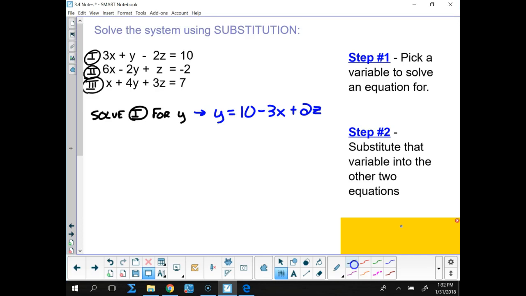So if I plug it into equation number 2, that's going to look like 6x minus 2 times 10 minus 3x plus 2z, plus z equals negative 2.